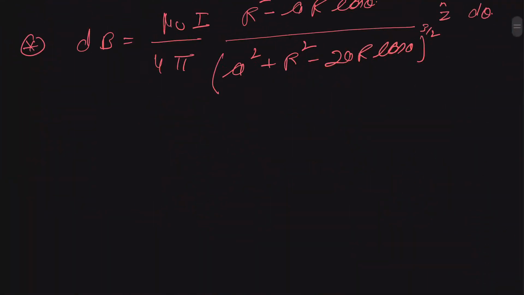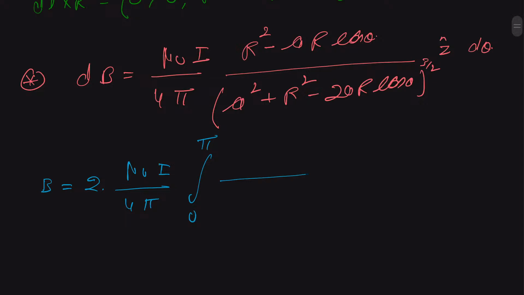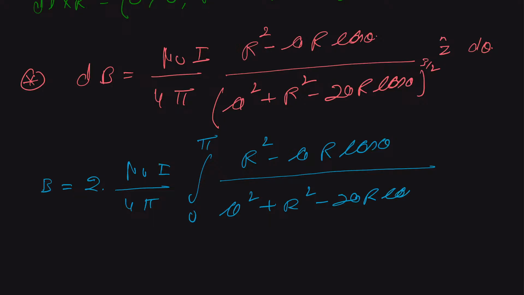So the total magnetic field B will be equal to twice mu naught I upon 4 pi, integral from 0 to pi of (R square minus AR cos theta) over (A square plus R square minus 2AR cos theta) to the power 3 by 2, z unit vector times d theta.